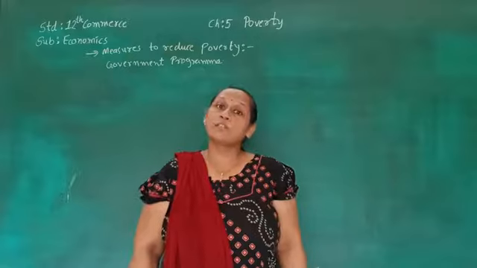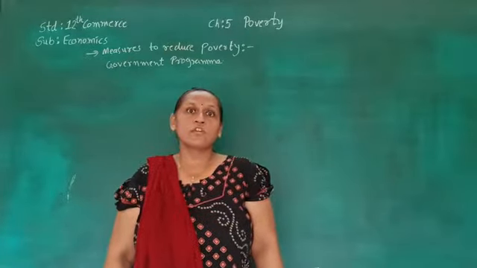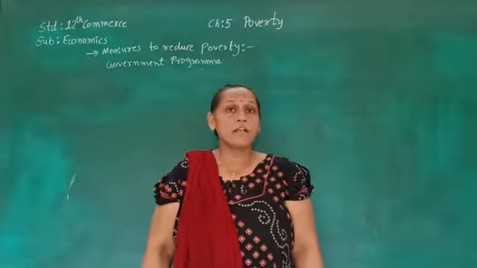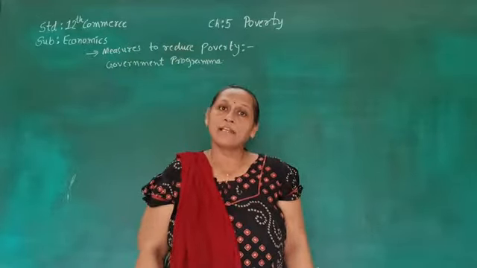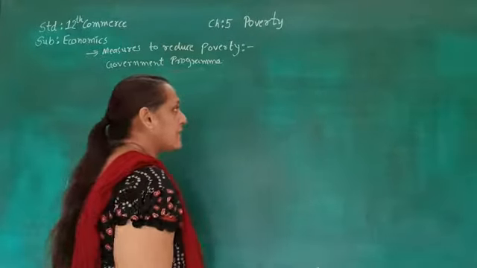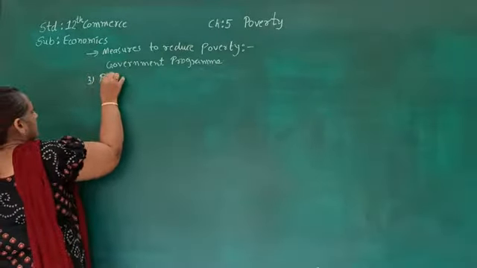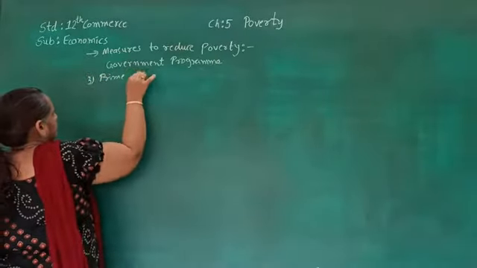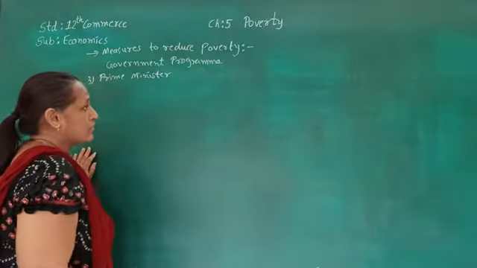To come out of this problem, the government started the Prime Minister Rozgar Yojana, where educated unemployed people can start their own work so that they can get self-employment. So the third one is the Prime Minister Rozgar Yojana.